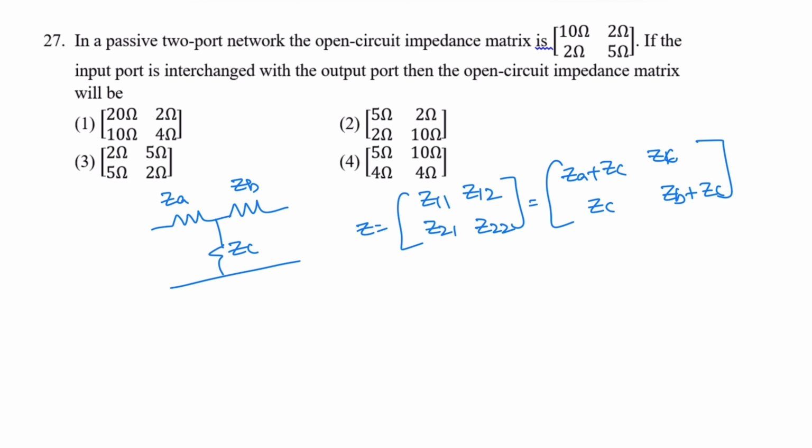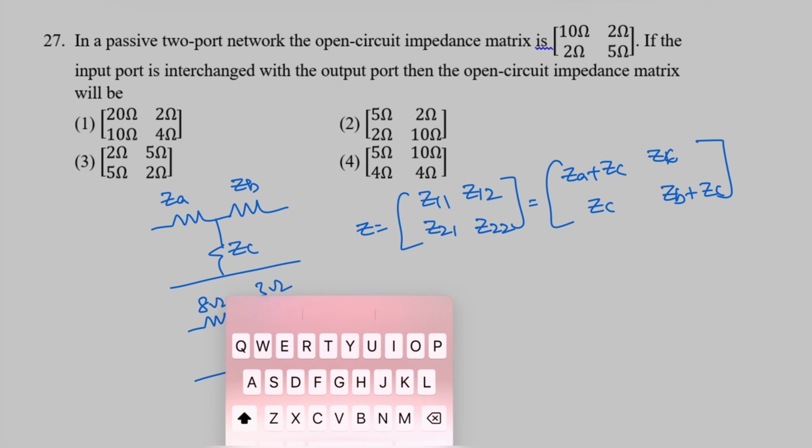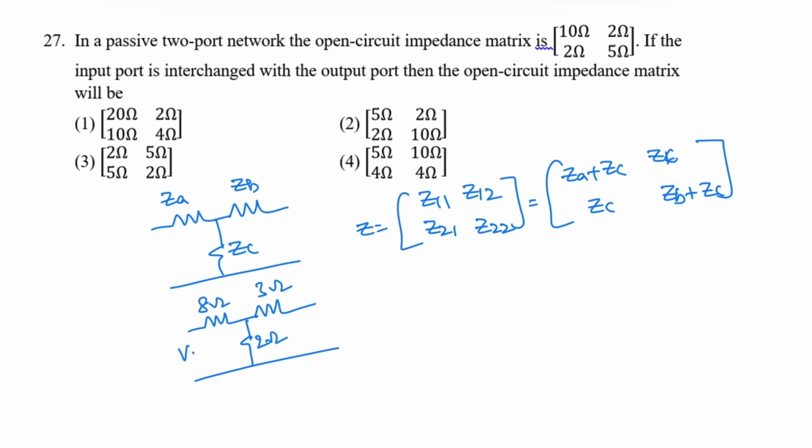Now the given network is reciprocal, so Z12 equals Z21. The resistance values for this circuit are ZA is 8 ohm, ZB is 3 ohms, and ZC is 2 ohms. So this is the circuit.